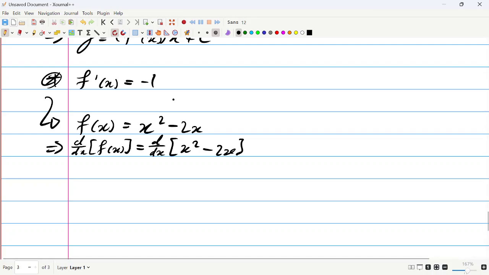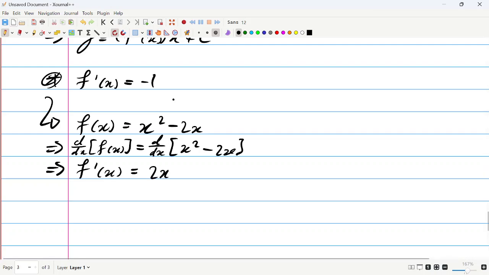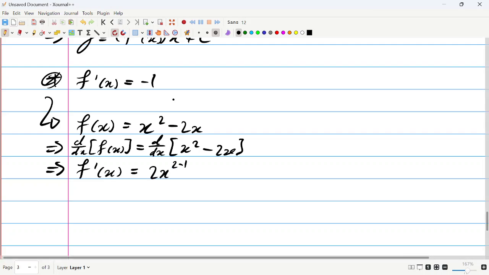And notice that the derivative of f of x is just f prime of x. And this is equal to the derivative of x squared, which is going to be 2 times x to the power of 2 minus 1, minus 2 times x to the power of 1 minus 1, when we take the derivative of both.